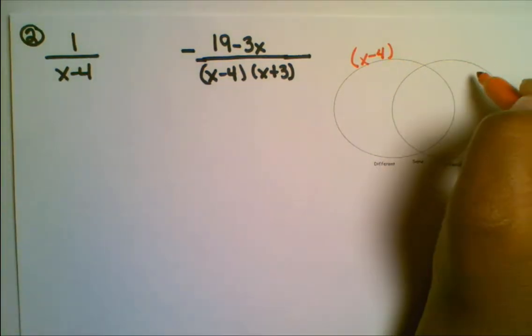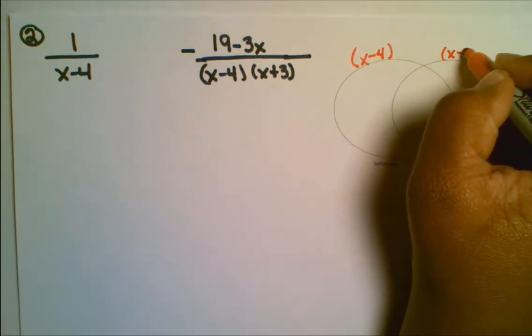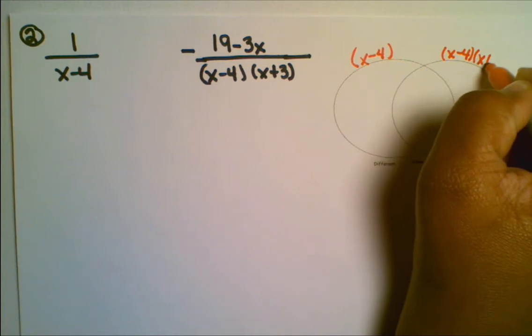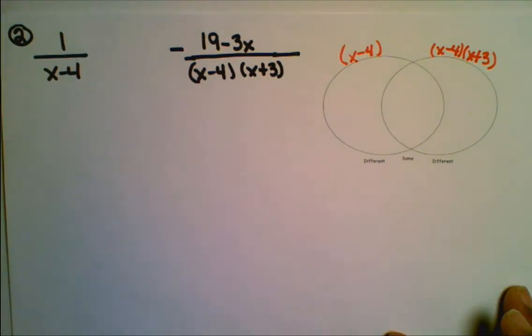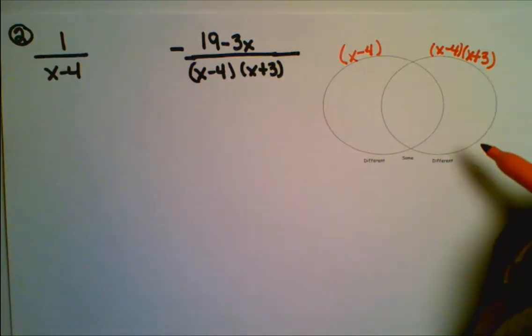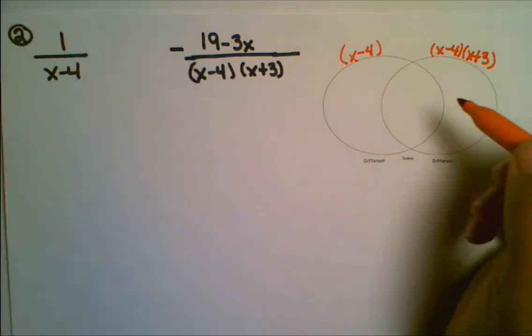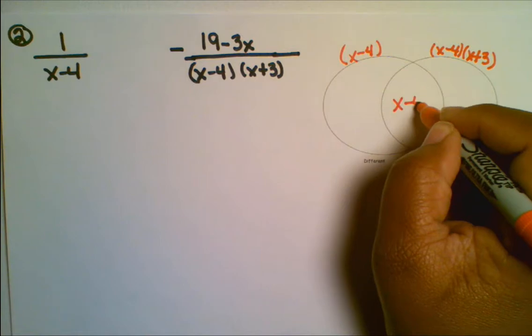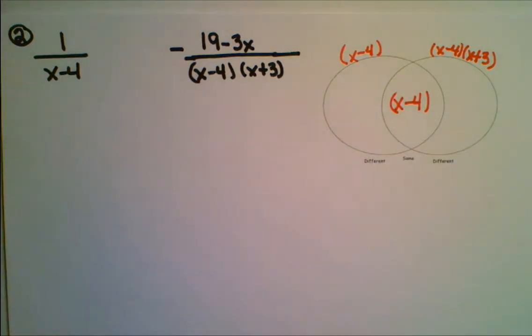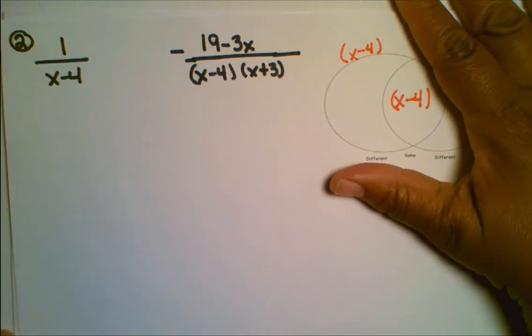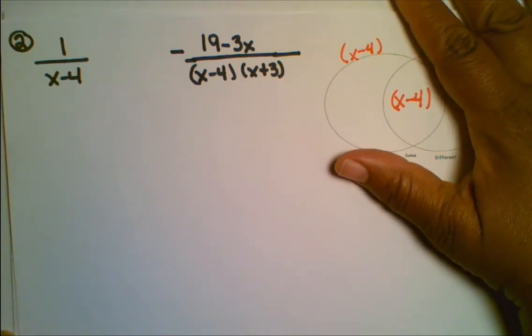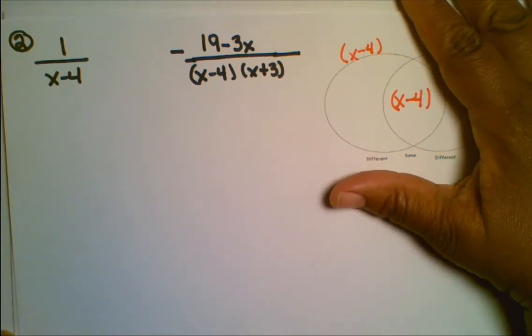The second circle will represent x minus 4, x plus 3. So let's fill in our Venn diagram. What is the same? x minus 4. So the first circle is taken care of. There's nothing different because our denominator is x minus 4.